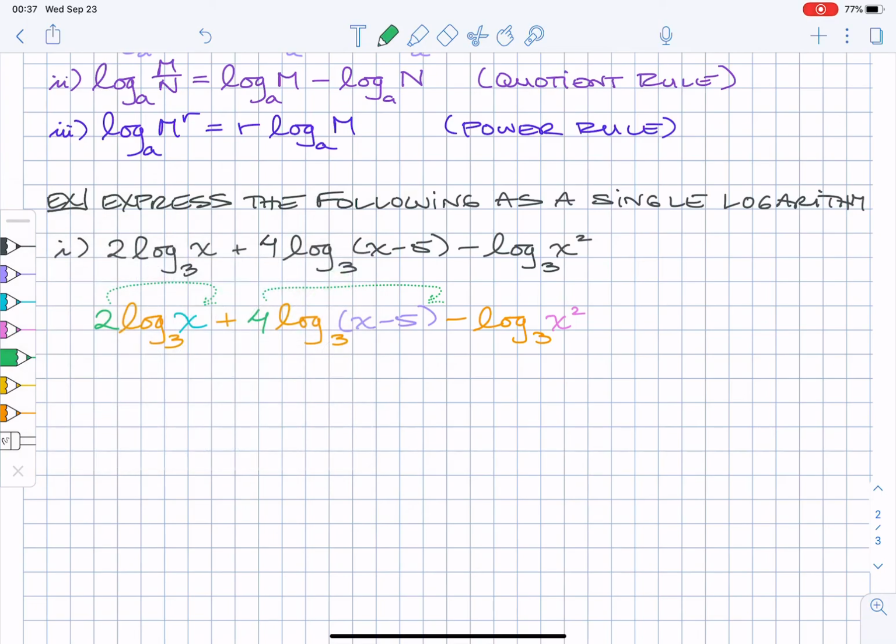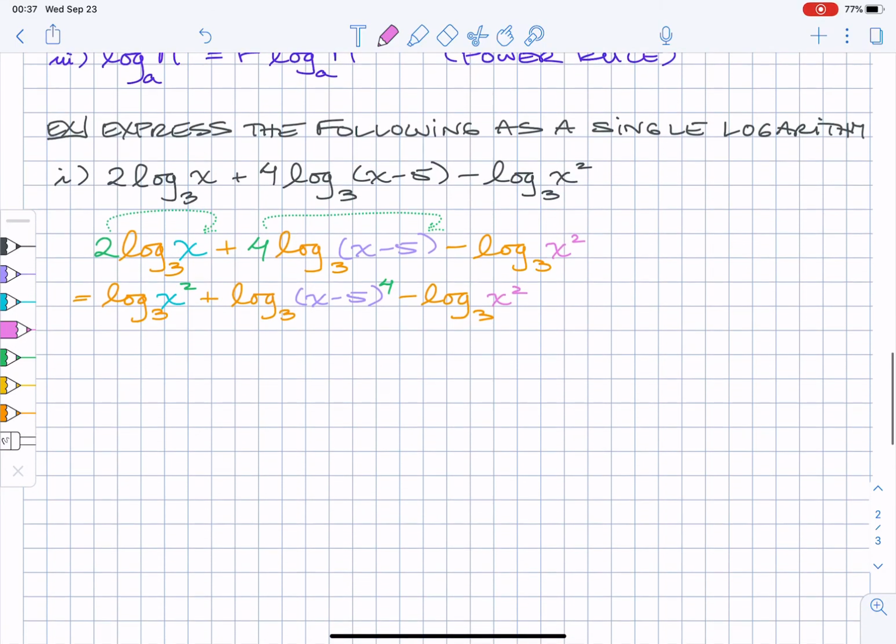So what I'm going to get then is a log base 3 of x squared plus log base 3 of the quantity x minus 5 raised to the 4th, and then minus log base 3 of x squared.